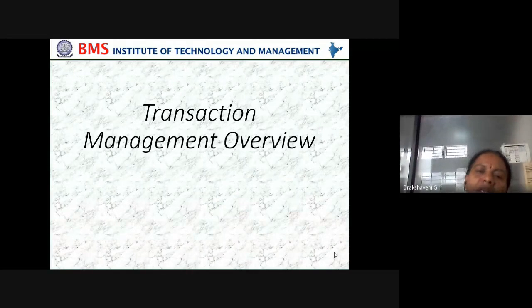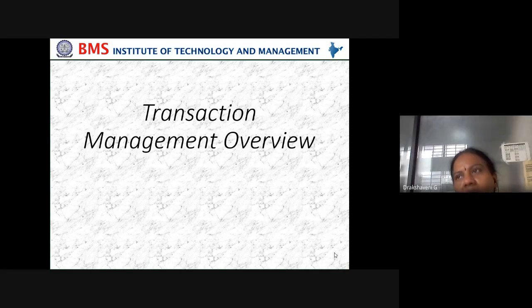In transaction management, what we learn is how the database, whether it is in read mode or write mode, how the transaction should be done and what limitations we give.